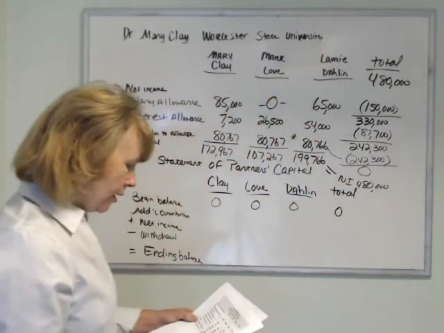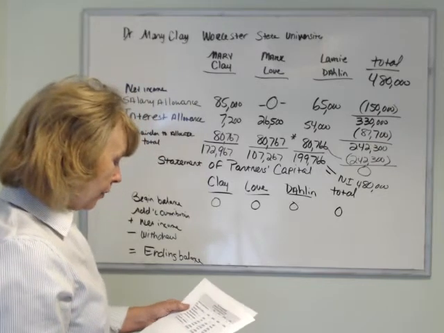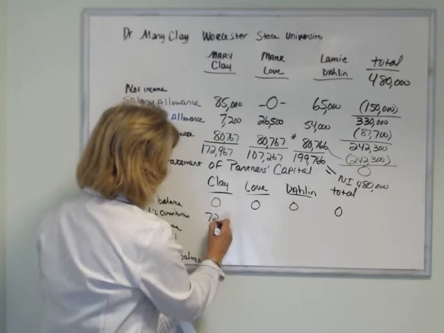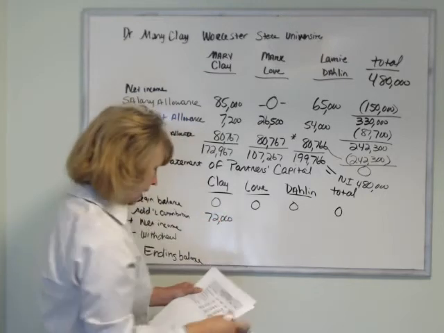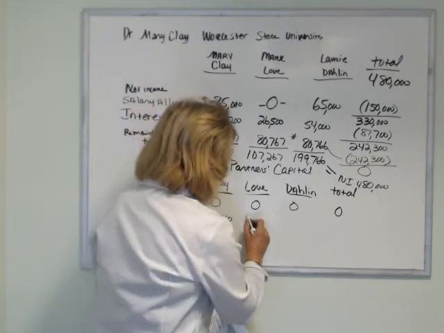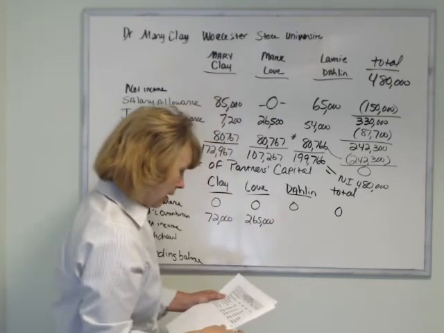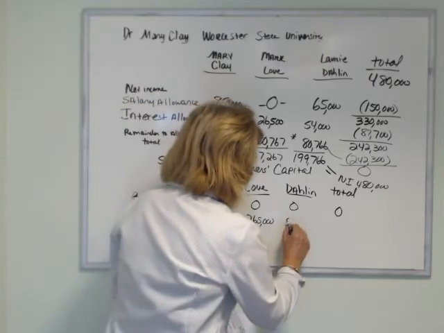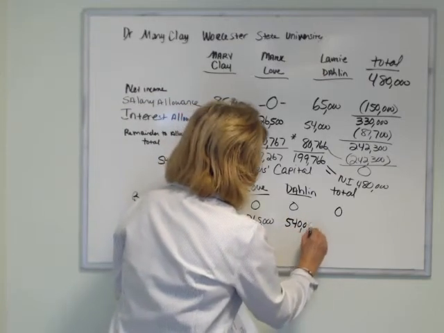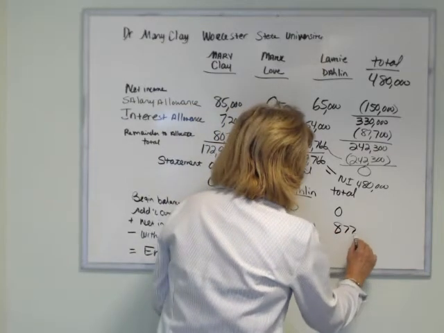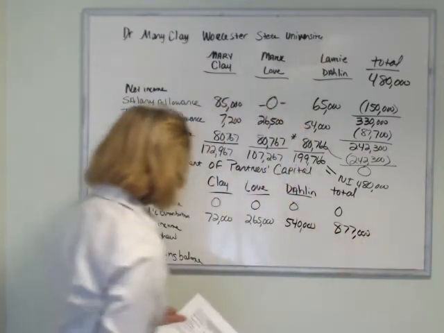Our additional contribution: Clay's initial capital investment was $72,000, Love was $265,000, Delene was $540,000. Total it across, again, $877,000. You've seen that number before.